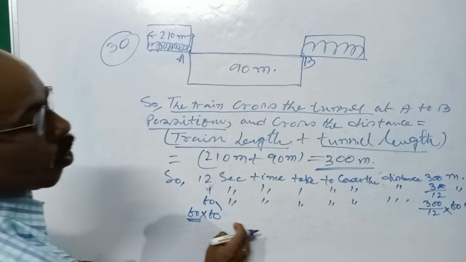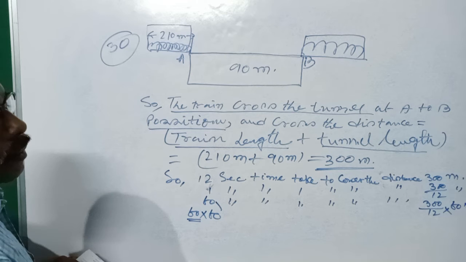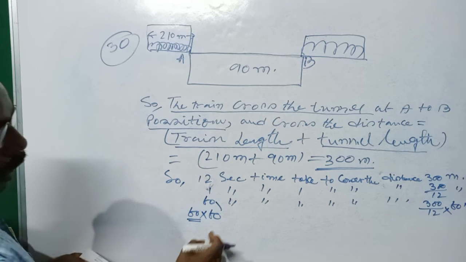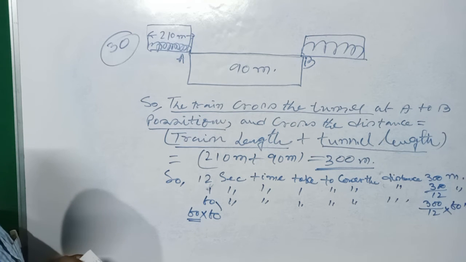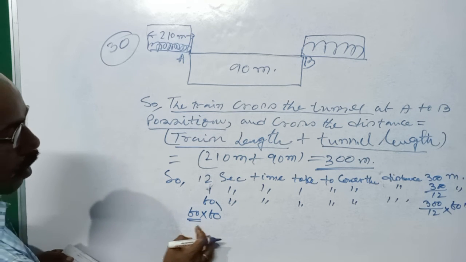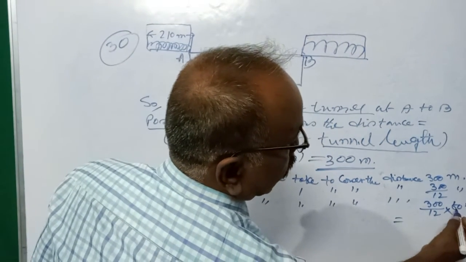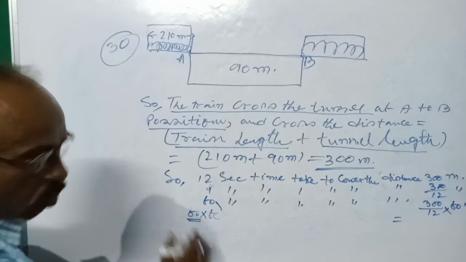I want to calculate the velocity or speed of the train per hour, so we also multiply 60 into 60.